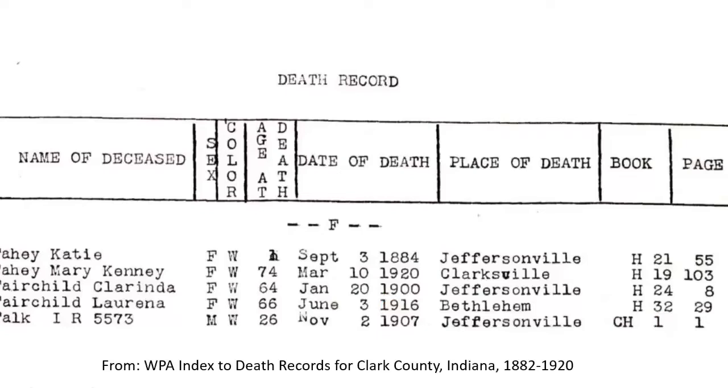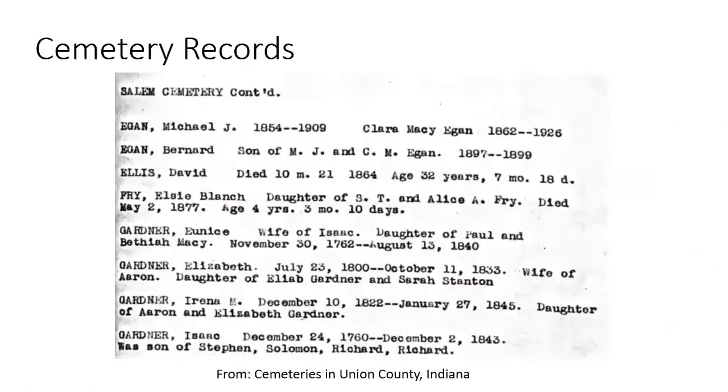Now, this is an example of a death record. It just talks about the people who passed away, their sex, their color, age of death, date of death, place of death, and in either, for example, a town or community. Again, the book that it's located in and the page number that it's on.